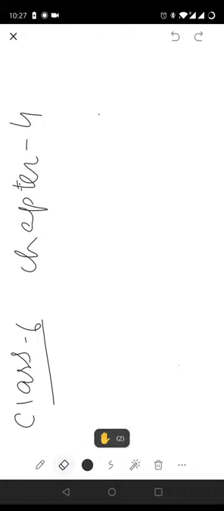In place of Maya we use she, and in place of Maya's we use her. So she and her are pronouns because these two words are used in place of a noun, and Maya is a noun.